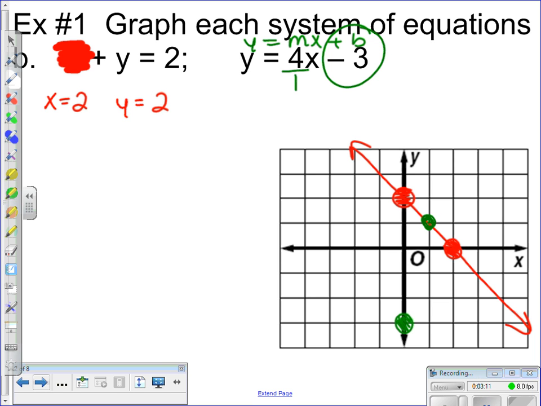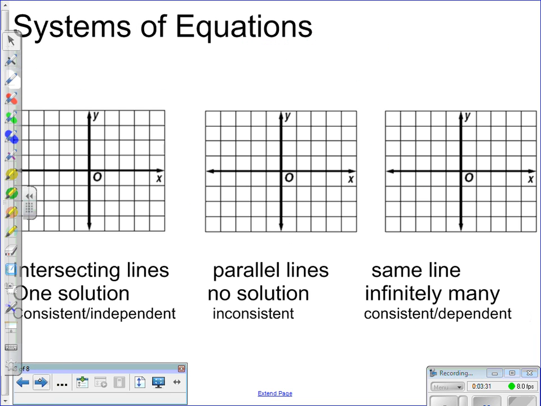Connect these two. You notice that we have two intersecting lines. They intersect at the point (1, 1), and that's the solution. Pause before we go on to the third one. Example here on the next slide.